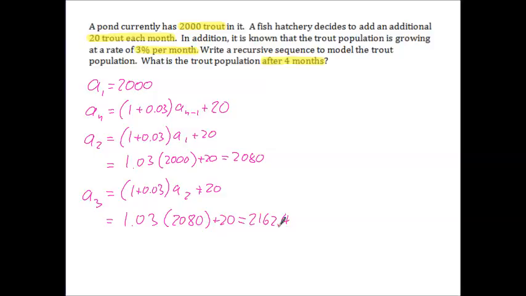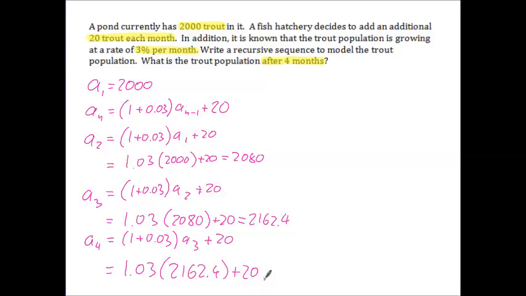And in month 4, a sub 4 is equal to 1 plus 0.03, a sub 3 plus 20, and that is 1.03 times 2162.4 plus 20, and that would be, and now let's go ahead and round it, approximately 2,247 trout.